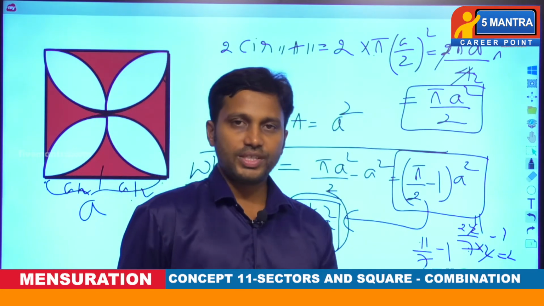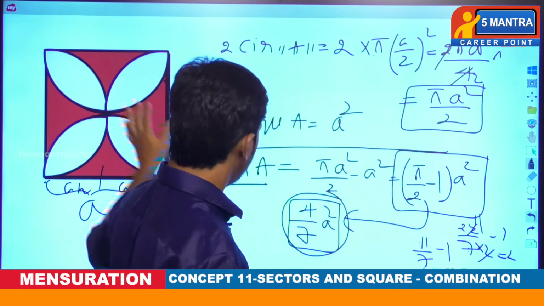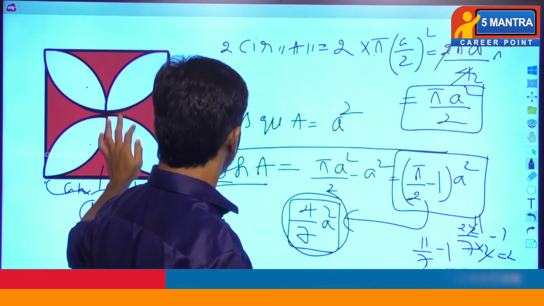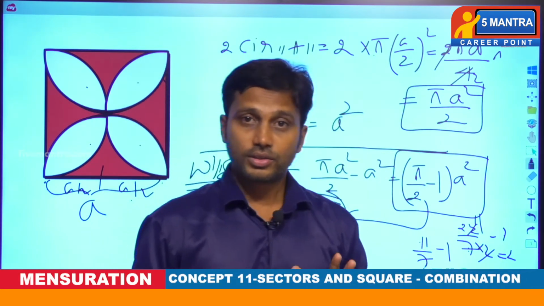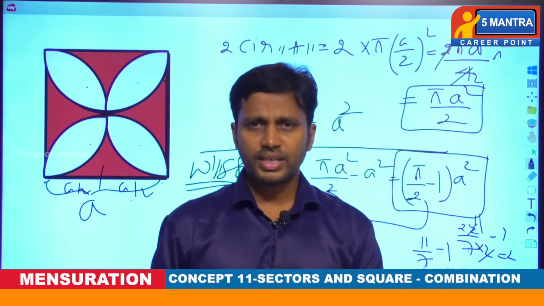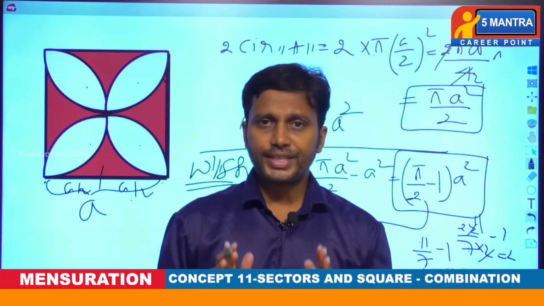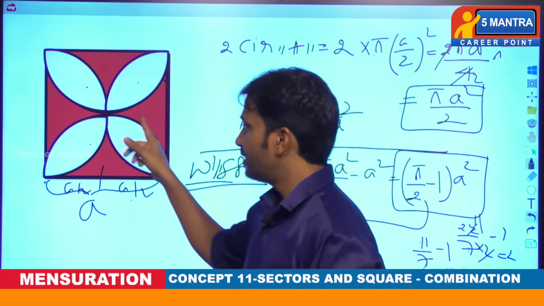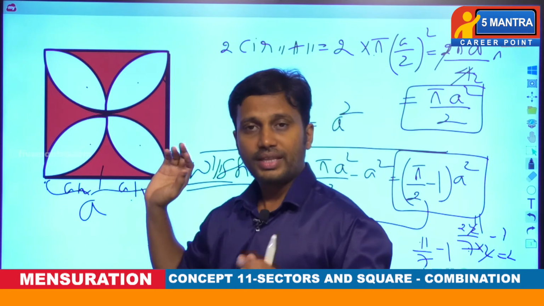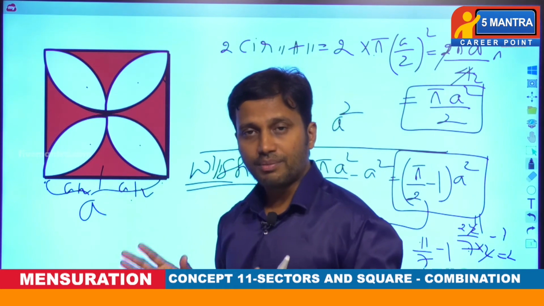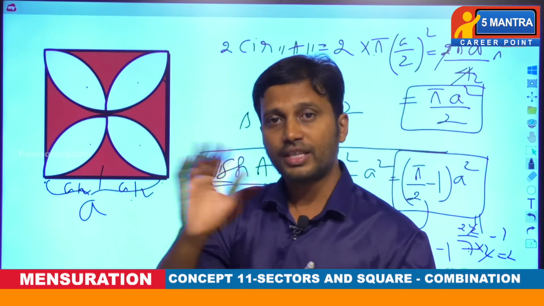This is a conventional method to find the shaded region, that means the flower region. Clear for you guys? So how did we find it here? Once again, with a short explanation, I am telling you what we did. We analyzed that these are four semicircles which are inserted in the square. When they are inserted, each semicircle overlaps another two.